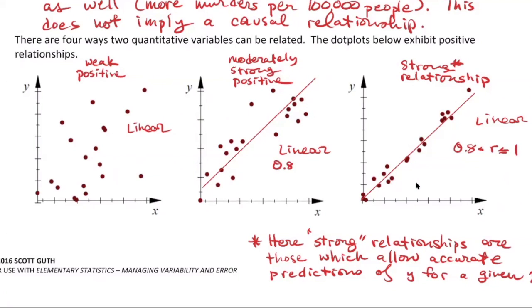Oops, sorry, 0.5 to 0.8. Okay. And then the weak relationship that's positive will have R between 0 and 0.5. Okay, how about that? And when R hits 0, there's no relationship.